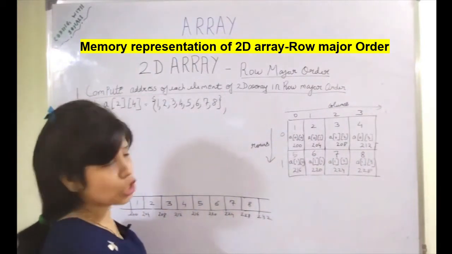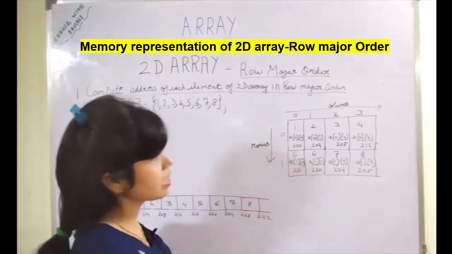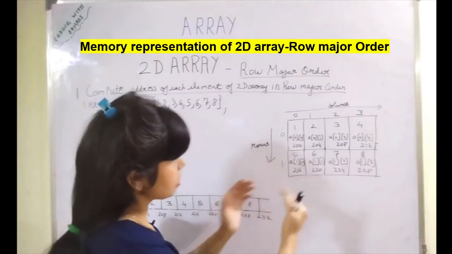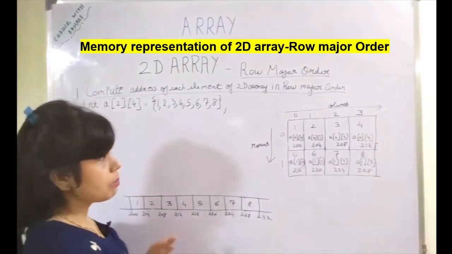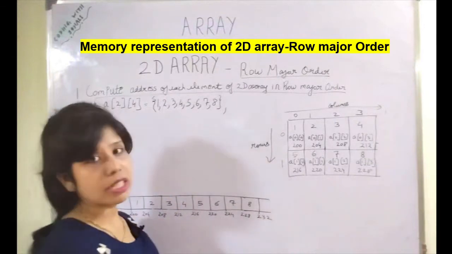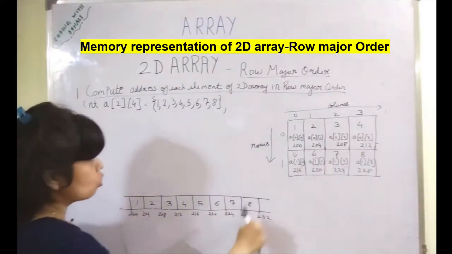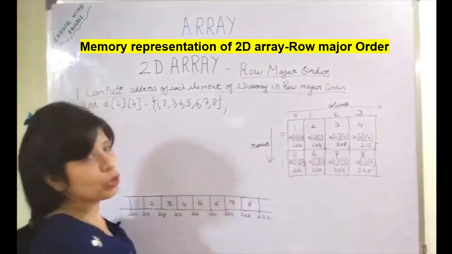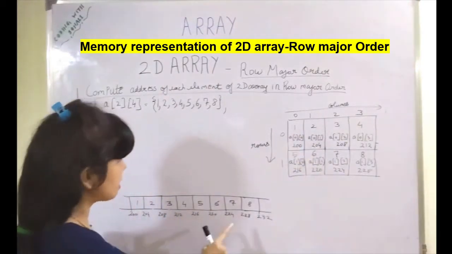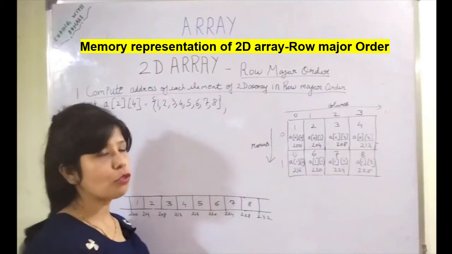Now this is just the logical representation, but how is it physically present in the memory? It is not present in the matrix form in the memory. In the memory it is present in the linear form. So this is the way it is present in the memory. First of all, an integer occupies 4 bytes, therefore each element will be placed at a distance of 4 bytes.